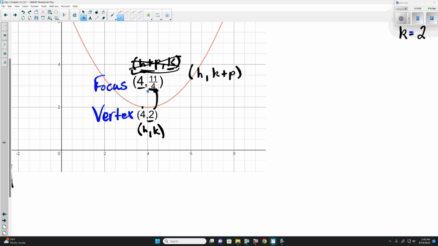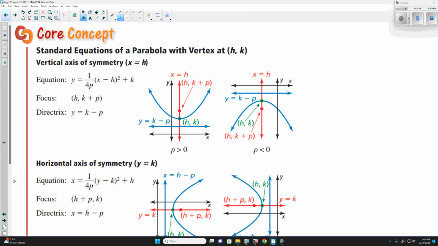So it's not h comma k plus p. Do y'all see that? Because I'm looking to see what value changed in the focus, and then lining it back up with our general forms. Is it going to be our h comma k plus p or our h plus p comma k? Which one's changing?